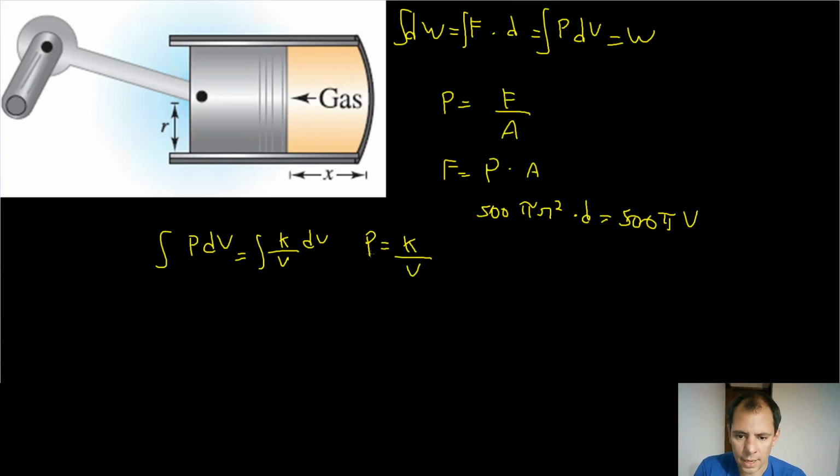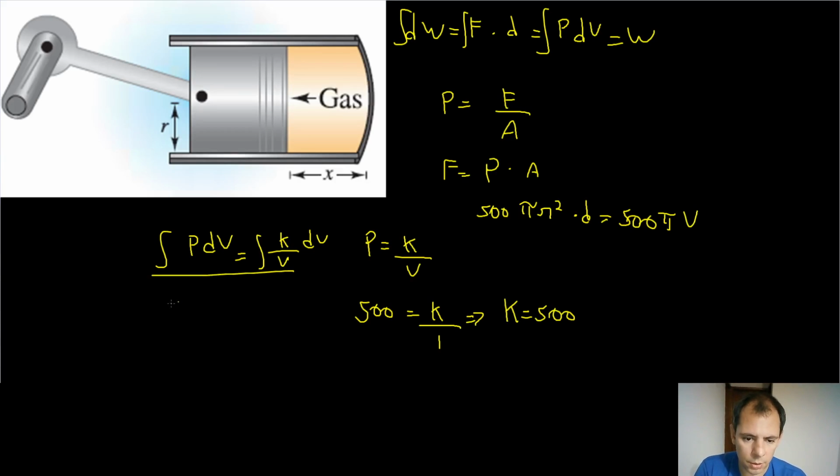Well, a quantity of gas with an initial volume of 1 cubic foot and a pressure of 500 pounds per square foot. So I have 500 pounds per square foot and the initial volume is 1 cubic foot. That means that k equals 500.